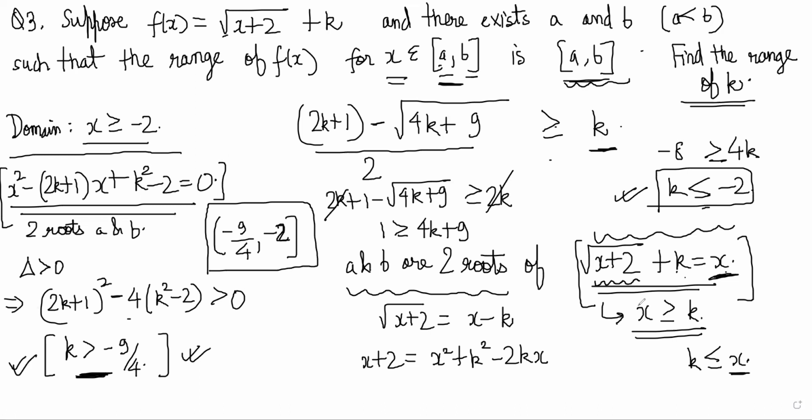The other condition is obtained by realizing that the k values will be less than or equal to x. And if k values are less than or equal to x, where x is one of the roots, let's take the lower root, which will give us a stricter condition on k. And from there, we get k is less than or equal to minus 2. So that gives us the overall range of the k variable, right? Let's move on.